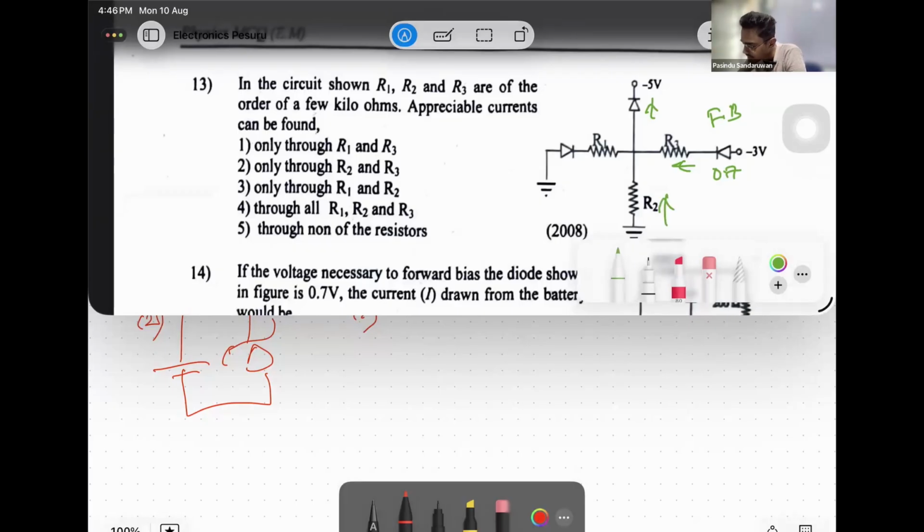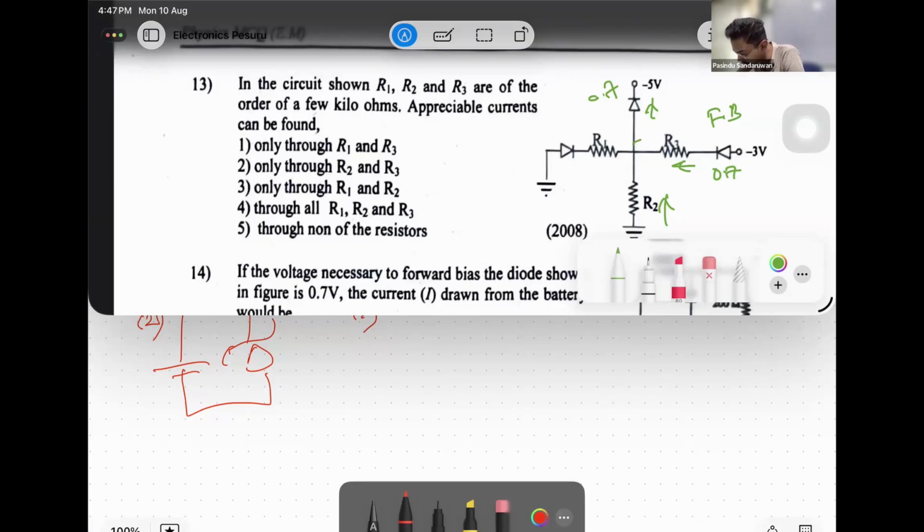If this potential difference is 0.7, then what is the value going to be? This is going to be -5.7.